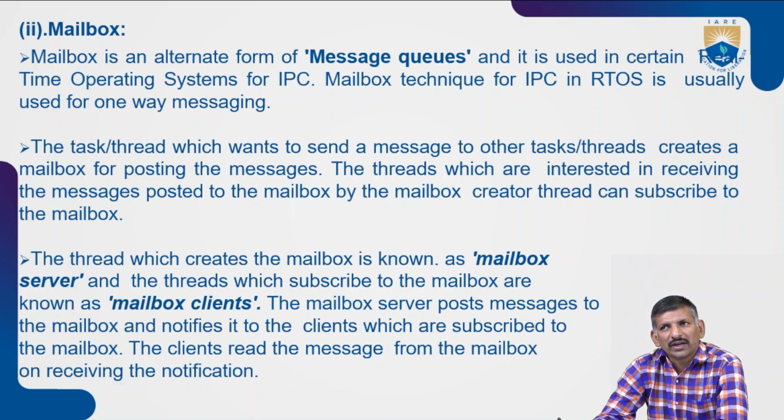The mailbox technique in a real-time operating system is usually used for one-way messaging, like our Gmail. We just broadcast the messages. Like the format, we can follow the PPT format. Everyone should follow that format for the group mail ID or some mail IDs.